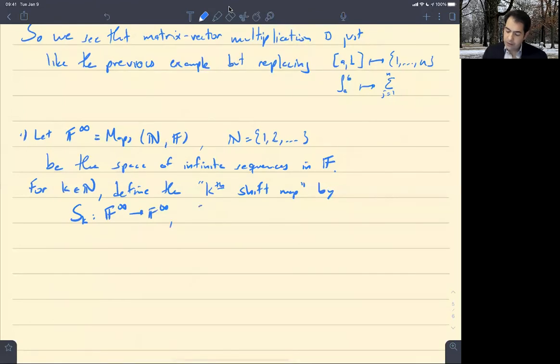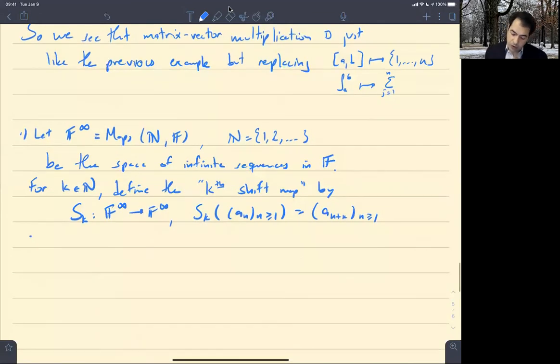So S_k applied to the sequence a_n, where n is greater than or equal to 1, is just the sequence a_(n+k), where n is greater than or equal to 1. So I'm going to ignore the first k terms and just start the sequence with the next one. Okay, these are all linear maps, linear maps for every k.